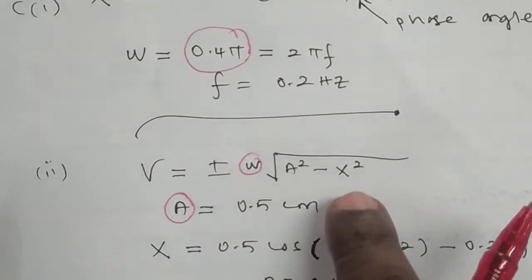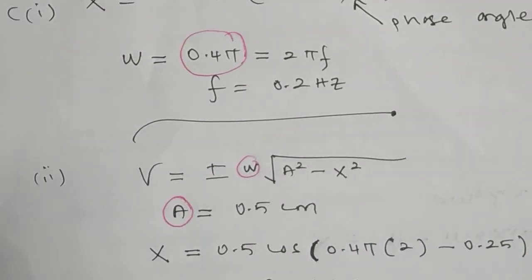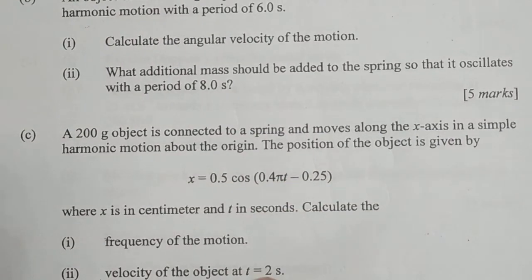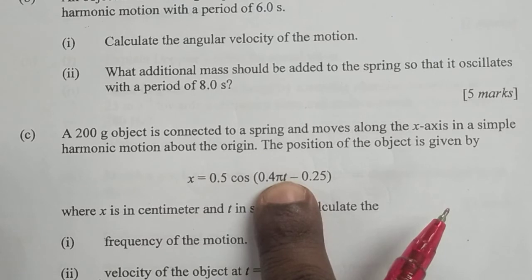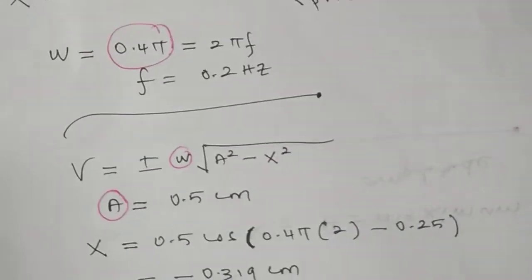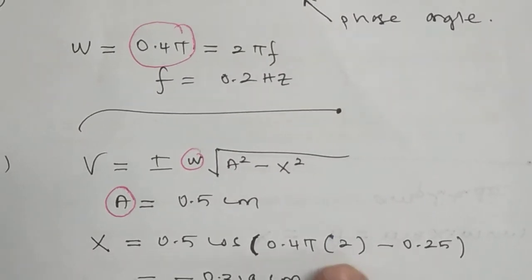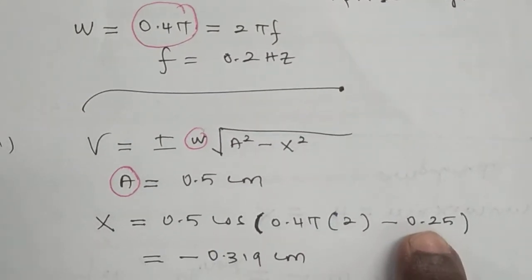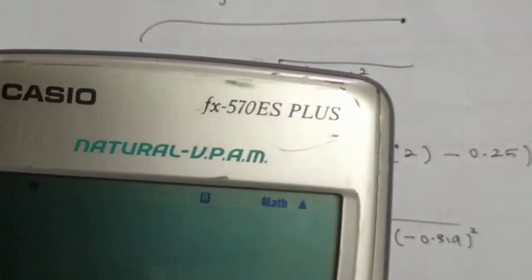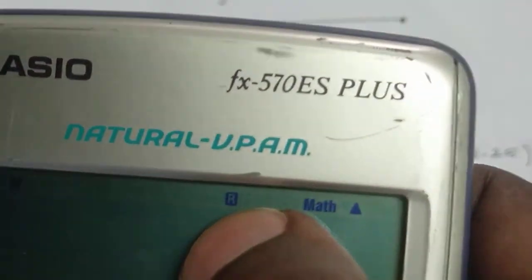For x displacement, we have to find the displacement at t equals 2 seconds by using this equation. By substituting t equals 2 seconds in this equation, you will be able to get the displacement x, which equals negative 0.319 centimeter. You can use the calculator to proceed. Make sure you change the mode to radian.